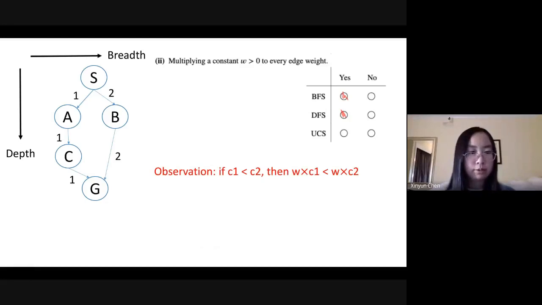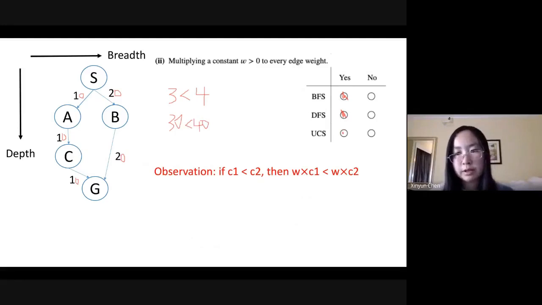Let's say W is 10. Initially 3 is smaller than 4. After this multiplication, 30 is still smaller than 40, right? So this time, the answer for UCS is also yes.